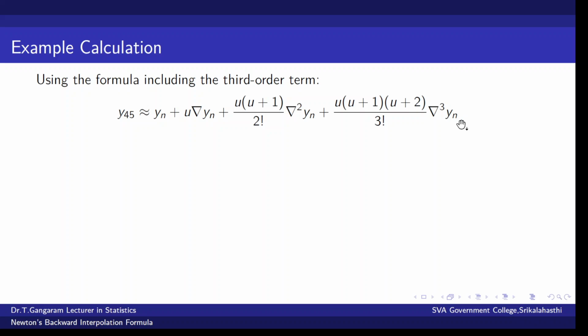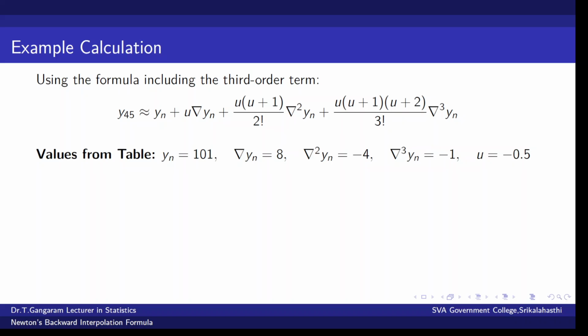Since we are given 5 arguments, we can use the 4 arguments formula only, up to Δ³yn. Take the values from the table, yn, Δyn, Δ²yn, Δ³yn, and the u value. Calculate the 4 terms, 1, 2, 3, 4, first.